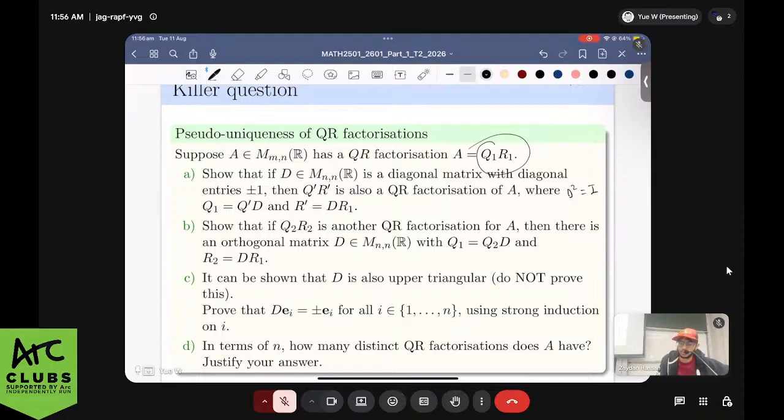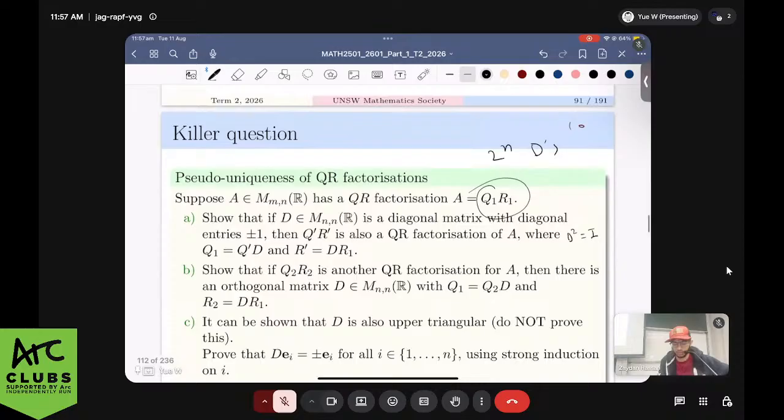So how many such diagonal matrices are there? If the diagonals are plus minus 1 and there's n diagonals, for each of them, you can have 1 or minus 1. That's 2 choices. So there's going to be 2 to the n possible matrices D.